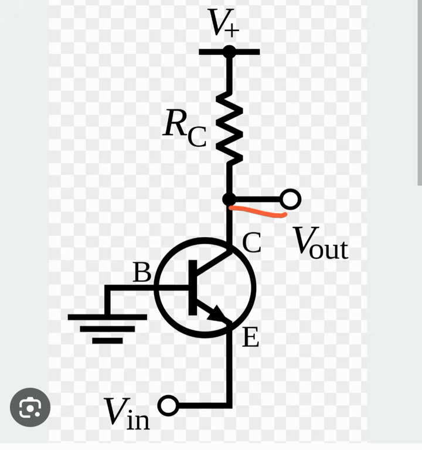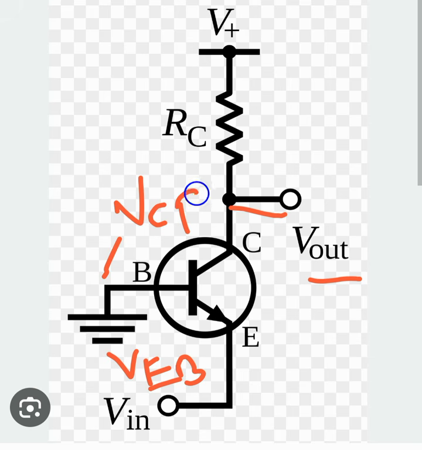So we can say that the input is applied to the emitter with respect to base, so the input is called VEB, that is the junction across which the emitter is connected, and the output is taken from the collector with respect to base, so the output can be said as VCB.